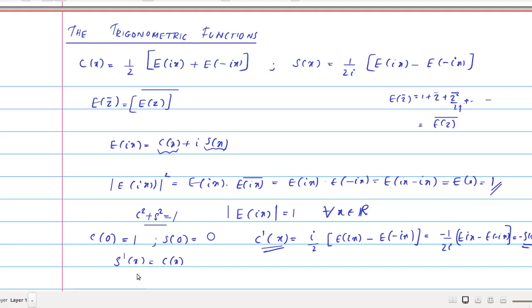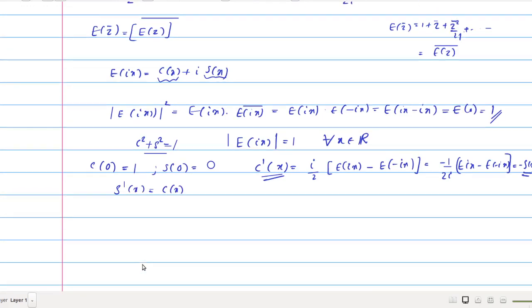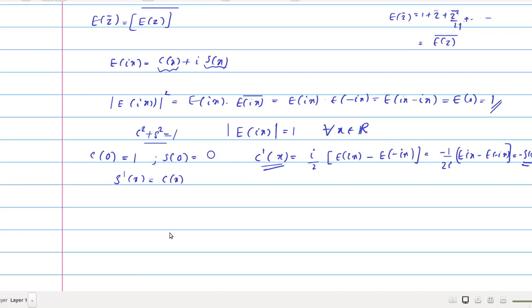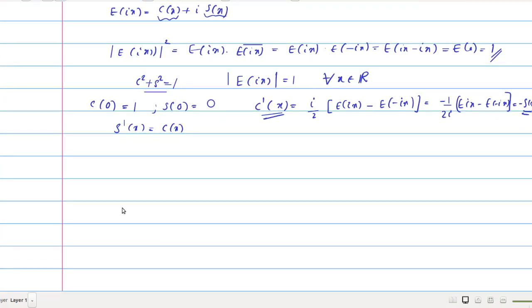Now we observe the monotonicity of these functions.